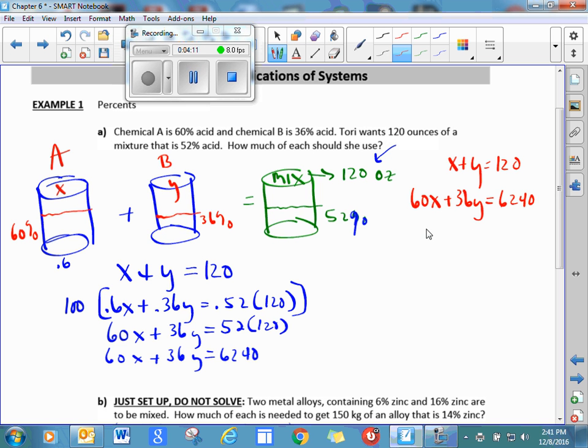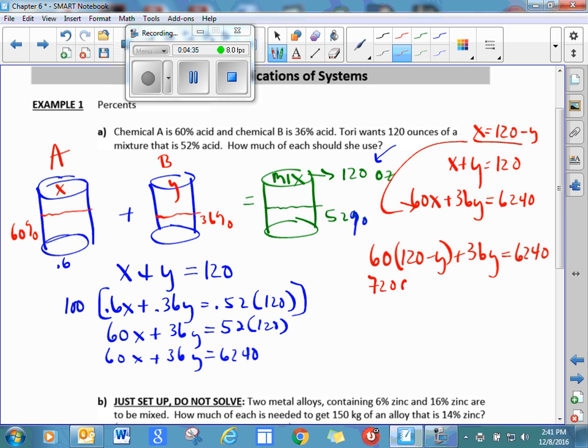I'm going to use substitution, so I'm probably just going to use x equals 120 minus y and substitute it down here. So if we do that, we get 60 times (120 minus y) plus 36y is equal to 6240. When we distribute, we get 7200 minus 60y plus 36y equaling 6240.